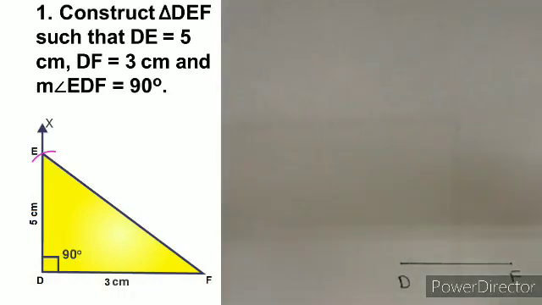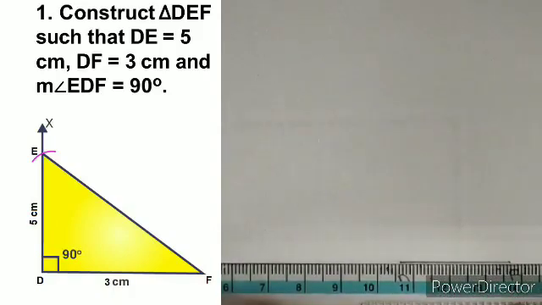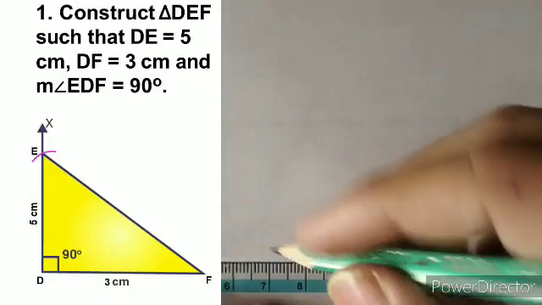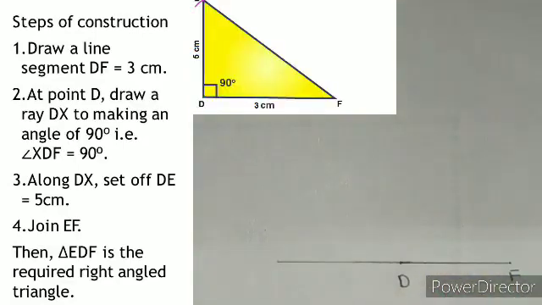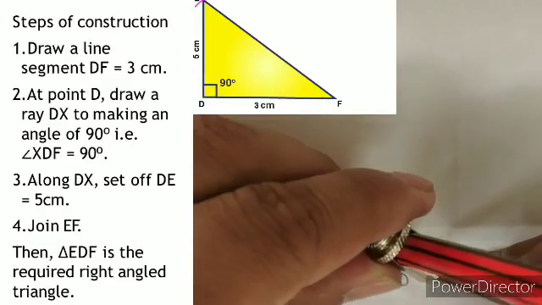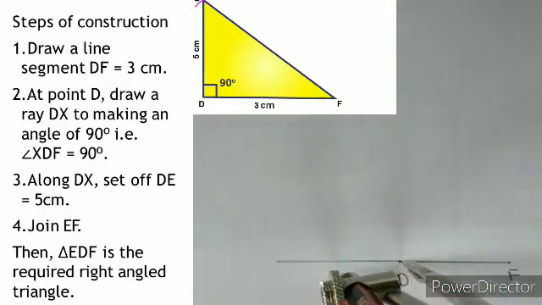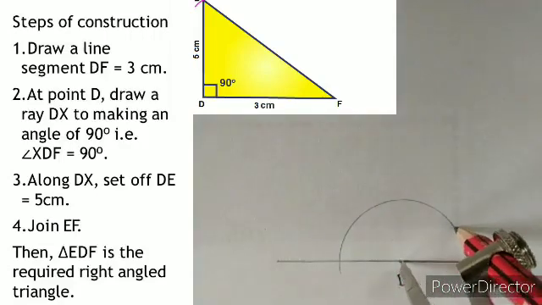Now, we'll construct angle D of 90 degrees. See here, for that we will produce DE to its opposite side. You know how to construct an angle of 90 degrees, a right angle.